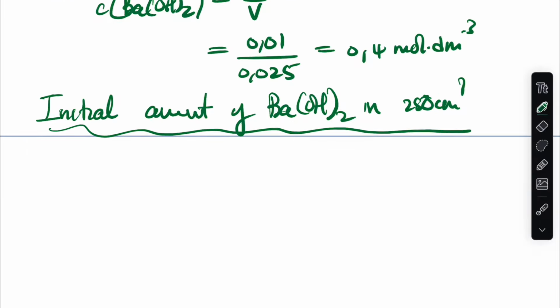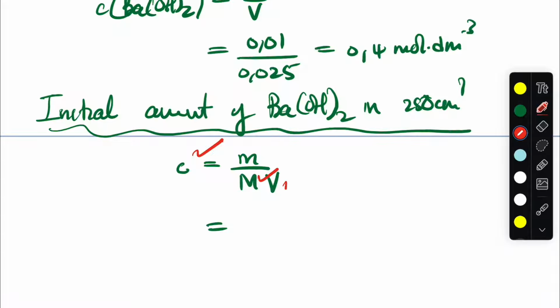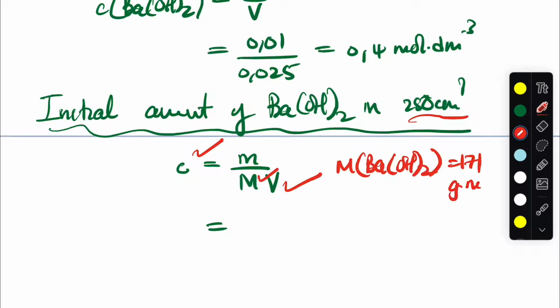Now what was it? We'll say C is equal to mass over molar mass times volume. Why are we using this formula specifically? We have the concentration, we have the molar mass of the barium hydroxide, we have the volume, which is the 250. The molar mass of the barium hydroxide is equal to 171 grams per mole.